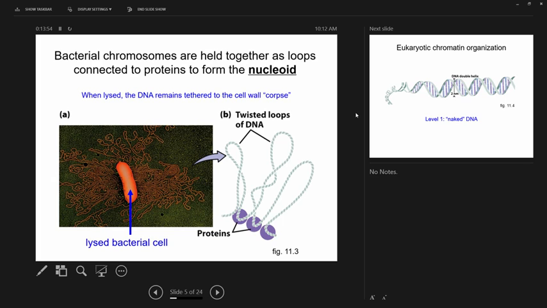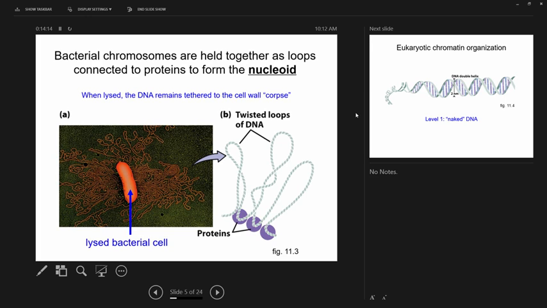Sodium lauryl sulfate, sodium dodecyl sulfate, sodium laureth sulfate, they're all kind of the same things. So the detergent will precipitate out all the proteins, but because the genomic DNA is connected to proteins, it will precipitate out too.